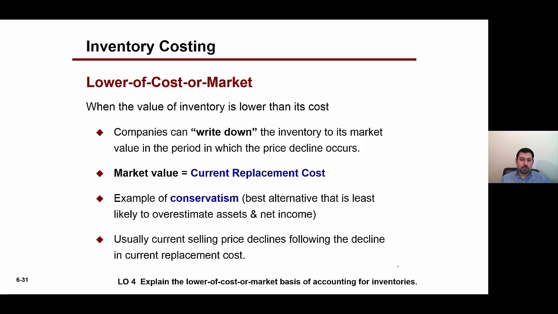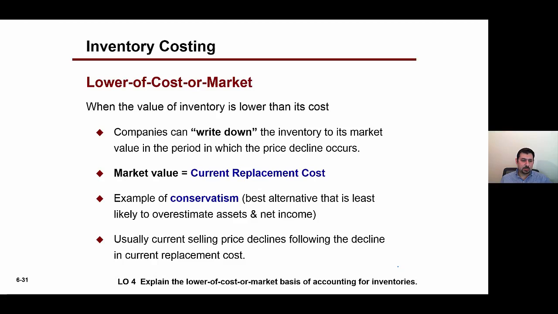And in order to be more conservative, this is the conservatism principle. Basically, companies try to stick to the option that would least overstate net income and assets. As a result, sometimes companies have to report their inventory based on the lower of cost or market.